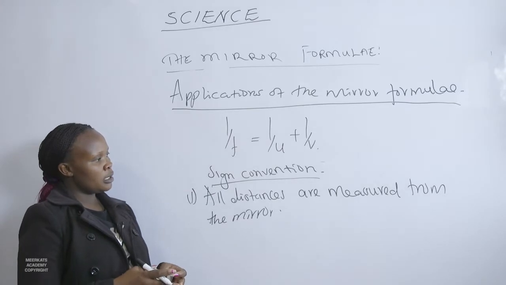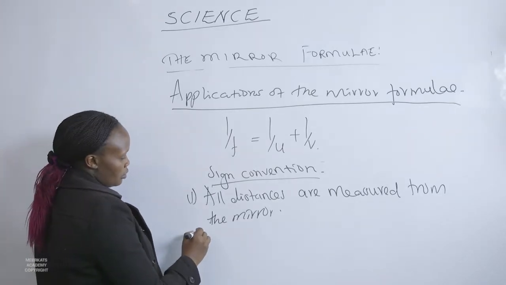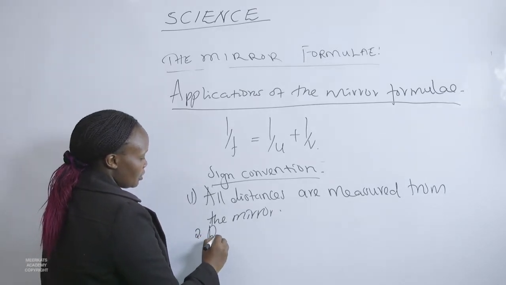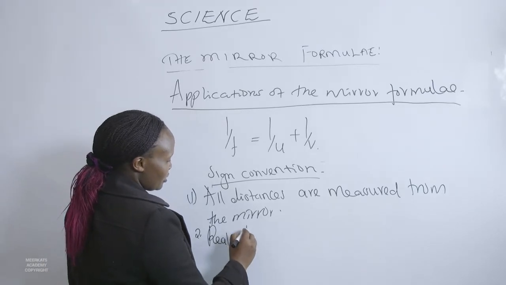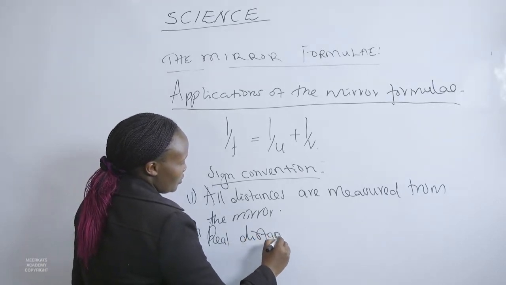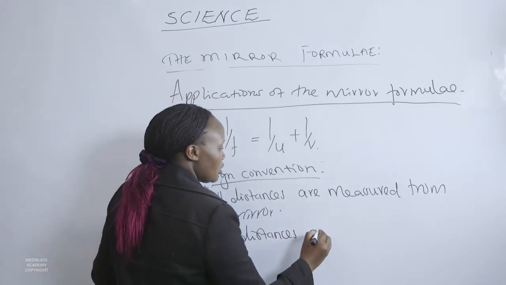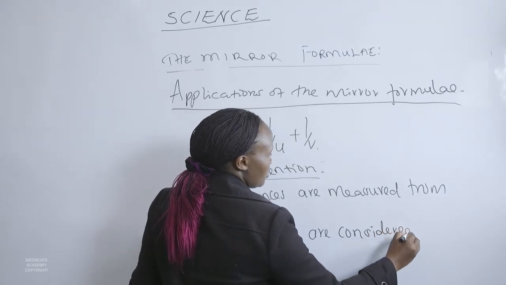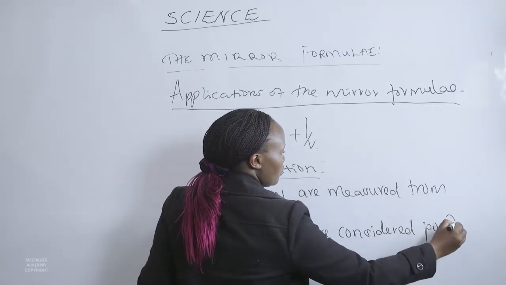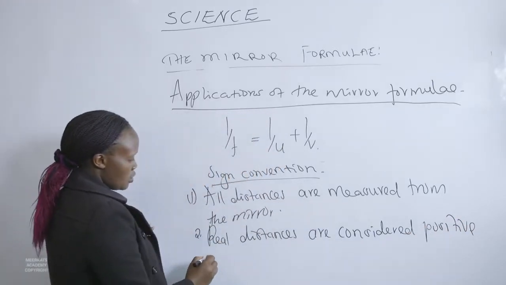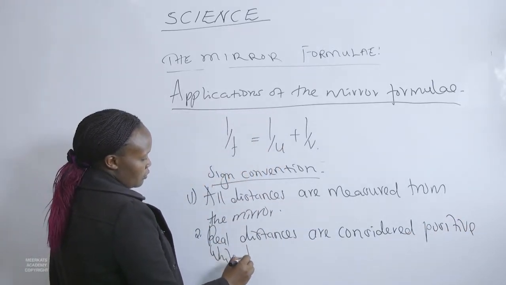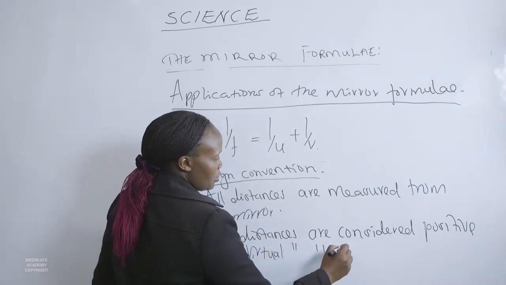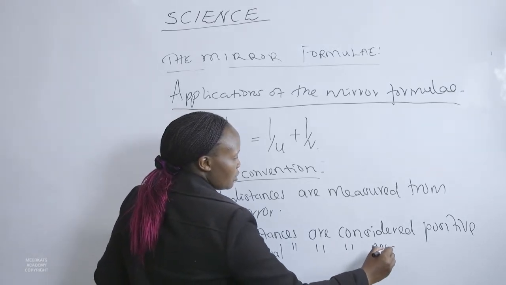Then we have number 2, that real distances are considered positive, while virtual distances are considered negative.